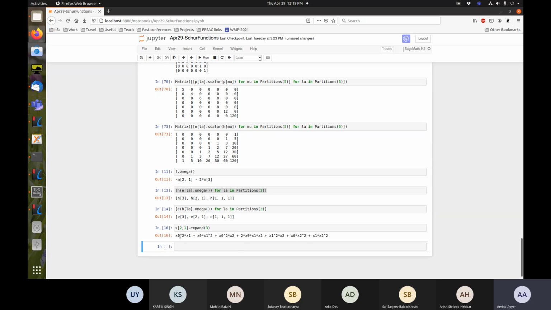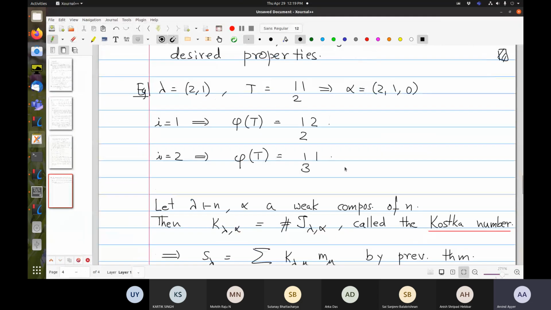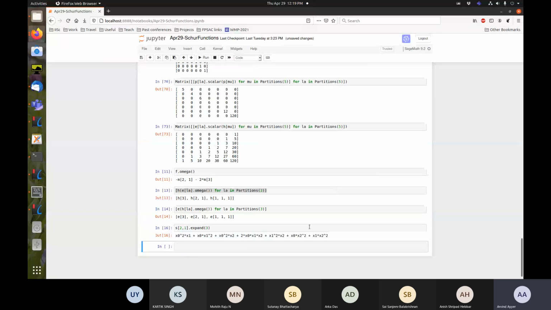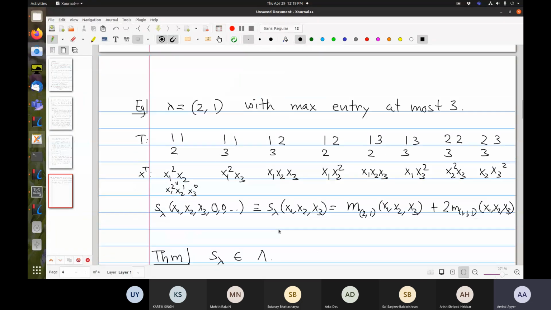So you get all the 8 examples we saw earlier, with the coefficient of x1 x2 x3 being 2. And you can also expand s21 in the monomial basis, and you get what I wrote earlier.